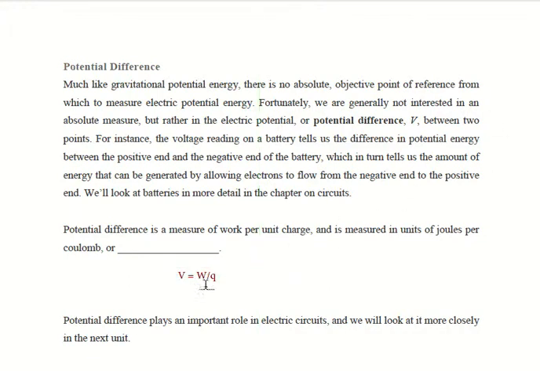So you can see there when we plug into this equation, V would be equal to, how do we measure work? That's a joule. How do we measure charge? That's a coulomb. So you may run into joules per coulomb way more often. You will see that called the volt. So 1 volt equals 1 joule.